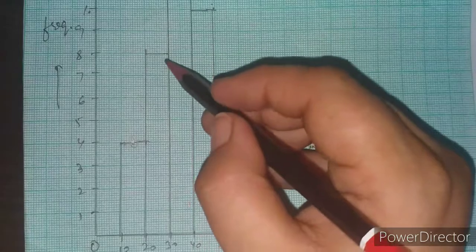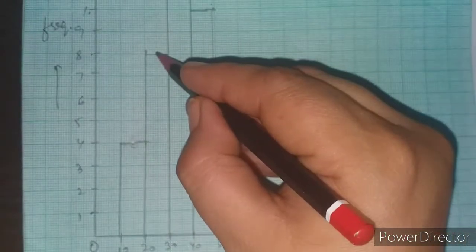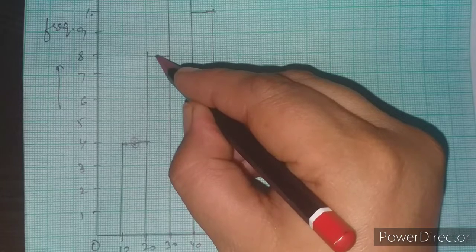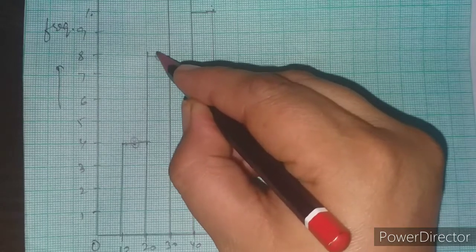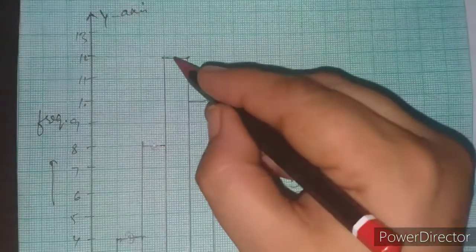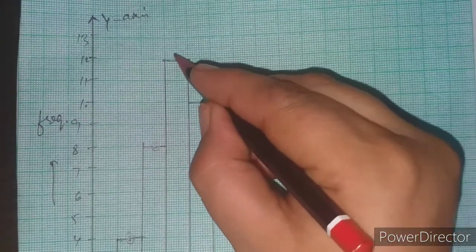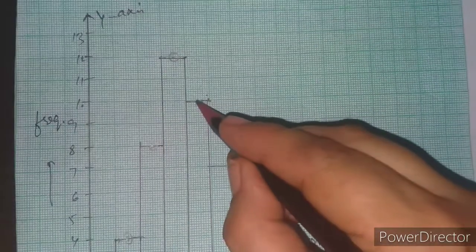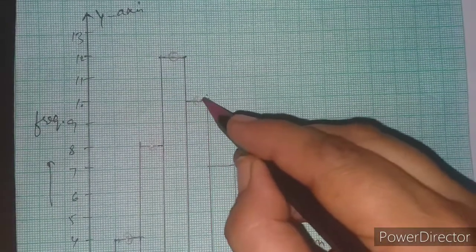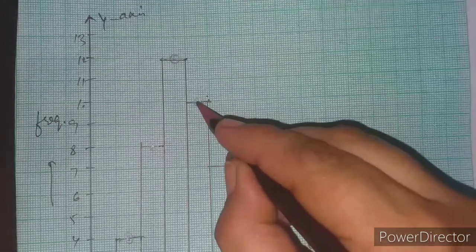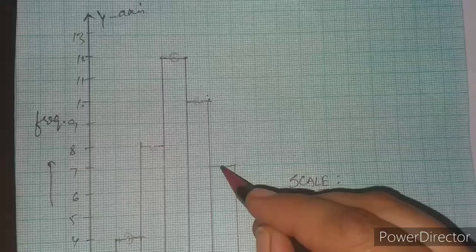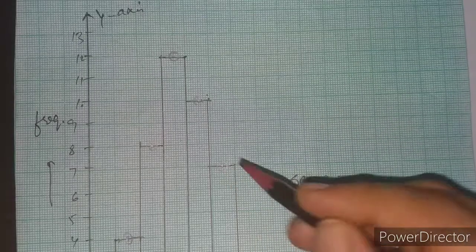For the second one also, exactly the same way. Total there are 10 small lines, so exactly at the 5th line I will plot the midpoint. Then for the third one I will plot the midpoint here, and the 4th midpoint is here. Like this we will plot the midpoints.